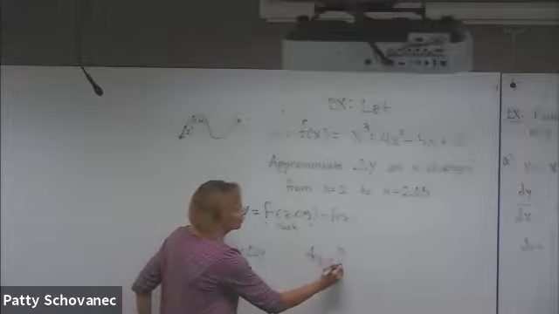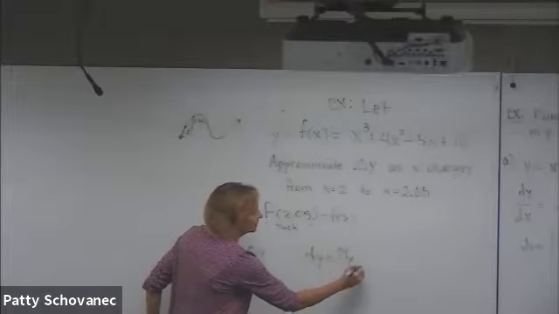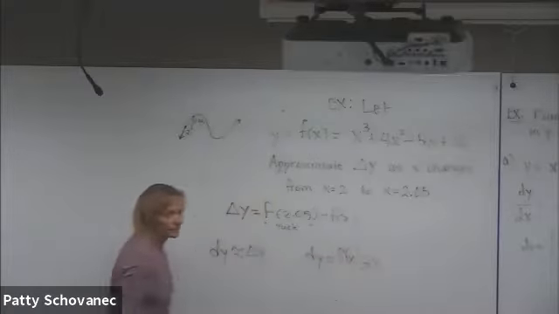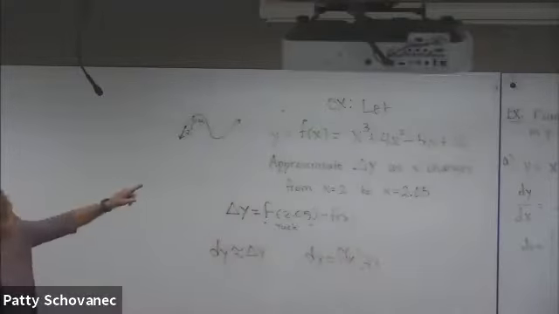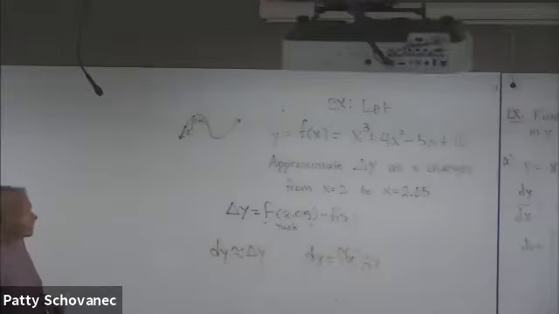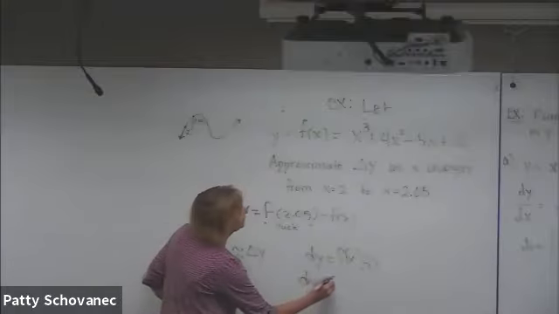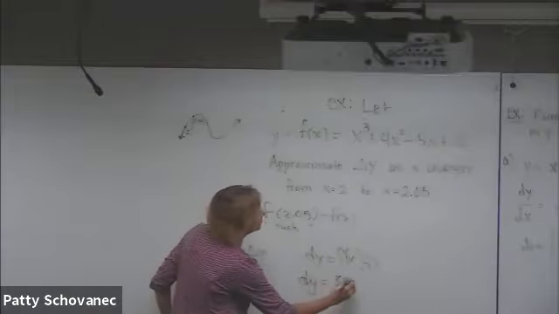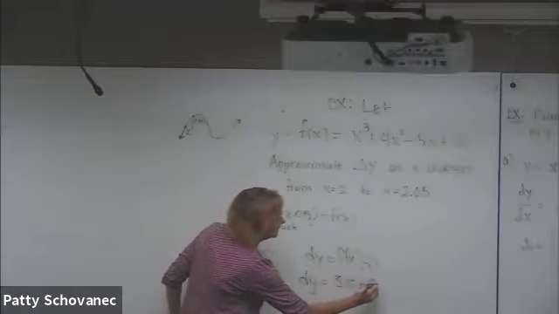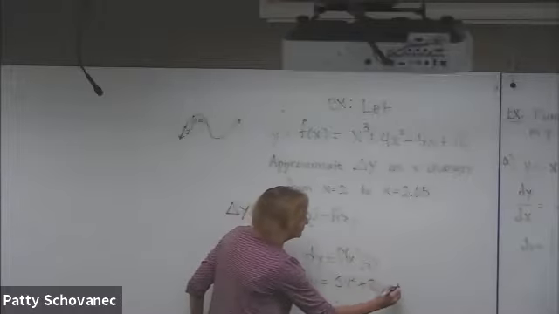Dy is going to be the derivative of this thing times dx. The derivative of that is just 3x squared plus 8x minus 5.